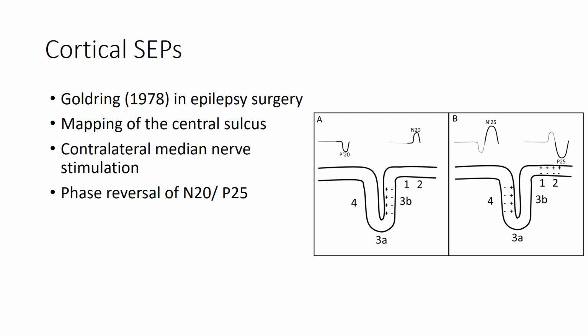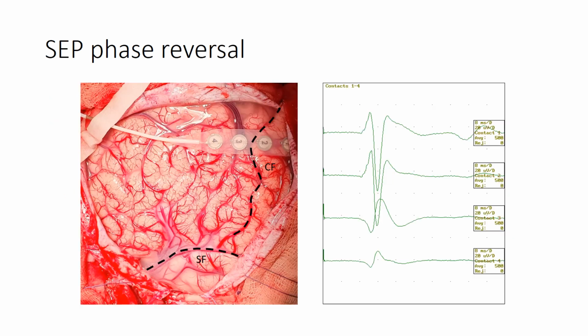So you have N20 on the postcentral structures, and you have the mirror, the negative P'20 image, on the frontal side of the central sulcus.